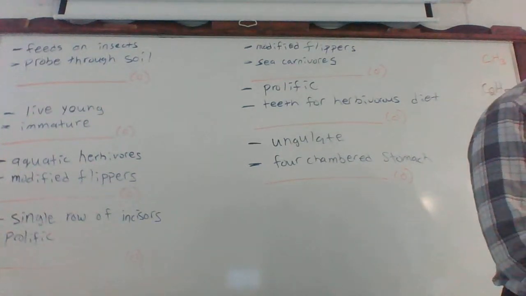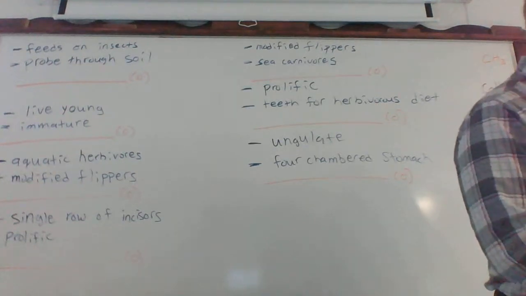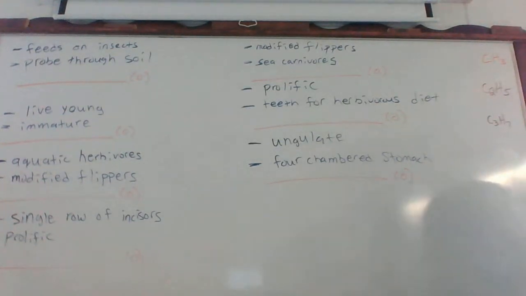And what would some examples of aquatic carnivores be? What's an orca? Killer whale. Obviously aquatic. Are they herbivores or carnivores? Yeah, they're carnivores. But are they the only aquatic carnivore? No. Dolphins are as well. They're in the same order as that of the killer whale.